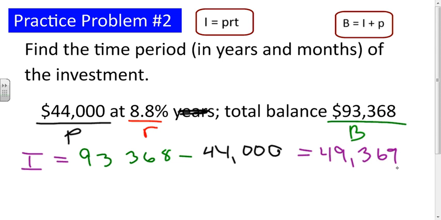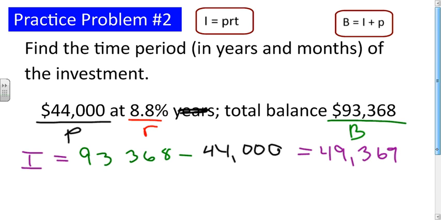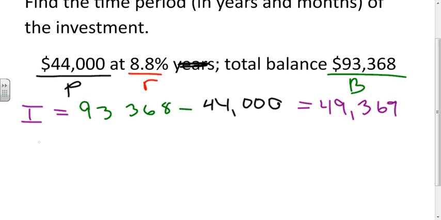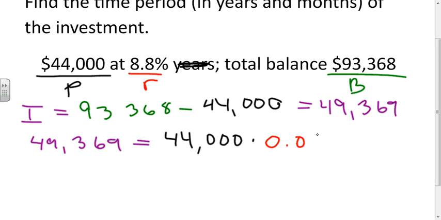So now that I know my interest and I know my rate and I know my principal, I can find my time here. So I'm going to take my interest, 49,369, and that's going to be equal to my principal, 44,000, times the rate, changing that to a decimal, 0.088, times the time.